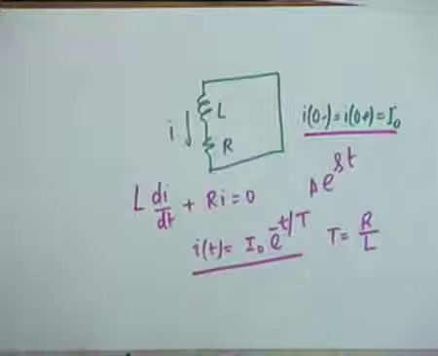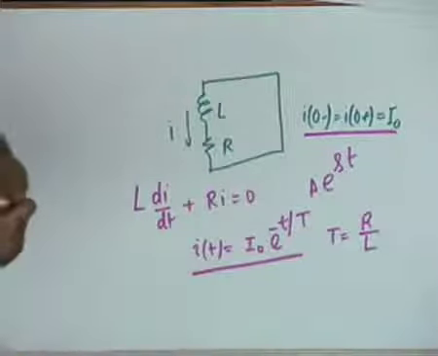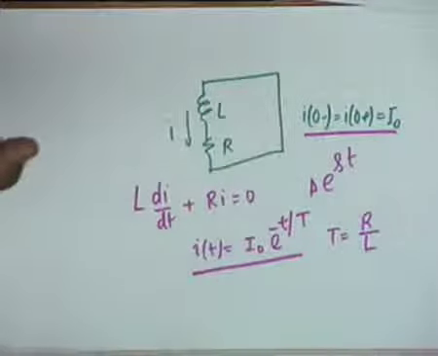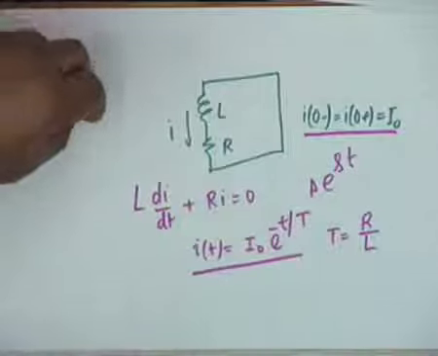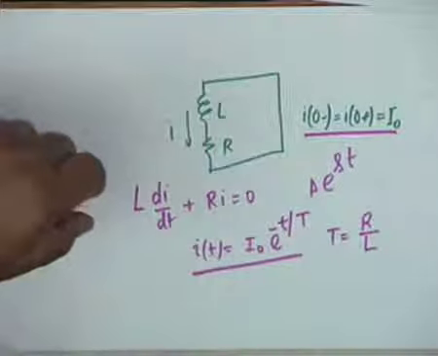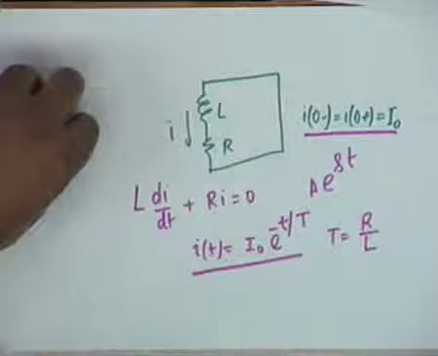Another definition could be in terms of charge: if the initial current had passed for a time equal to capital T, then the charge that is lost would be equal to the actual charge flowing in this circuit for infinite amount of time.